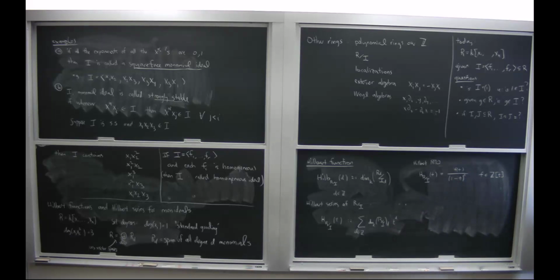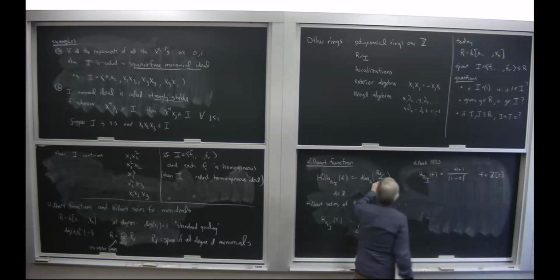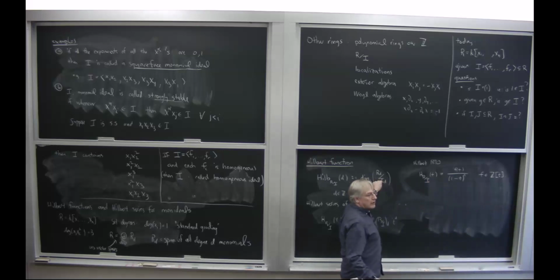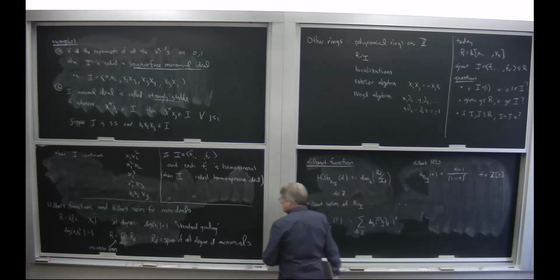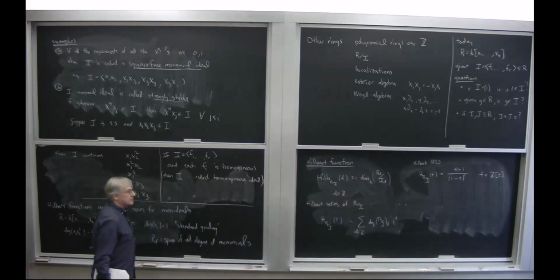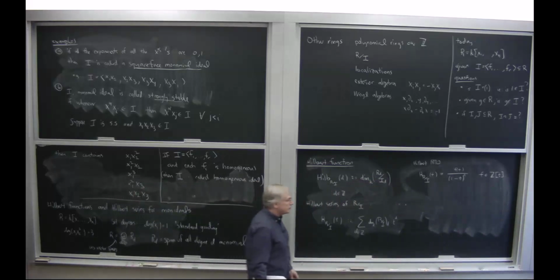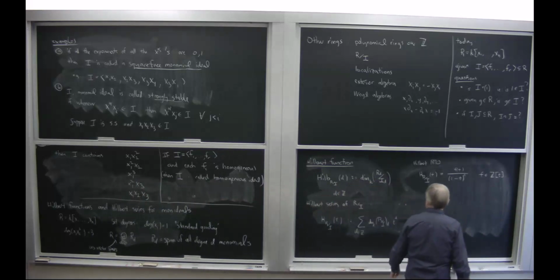Sir, I have two questions. One thing is that in Hilb of R by I, in the first line, what is I subscript D? Oh, I subscript D is the vector space spanned by all forms of degree D in I. So you could think of it as I intersect R sub D. Did you mean to write R mod I in degree D there?